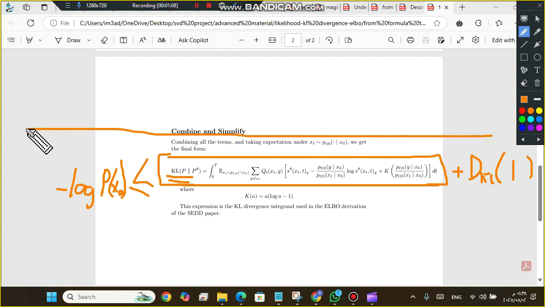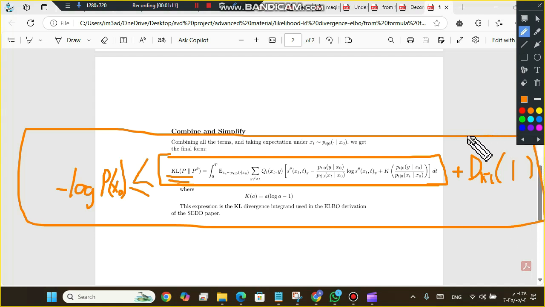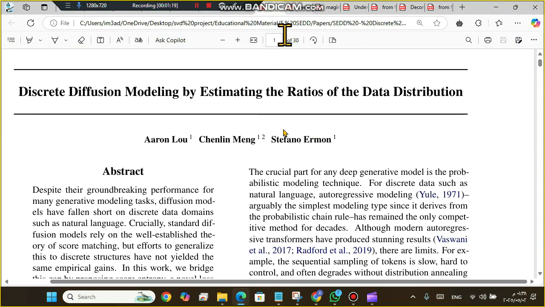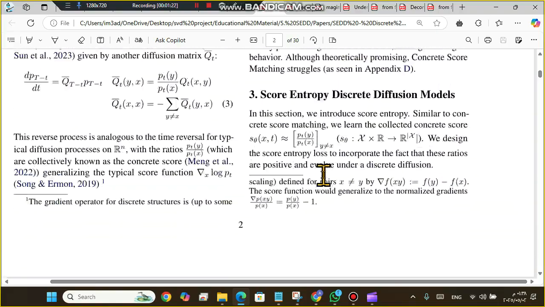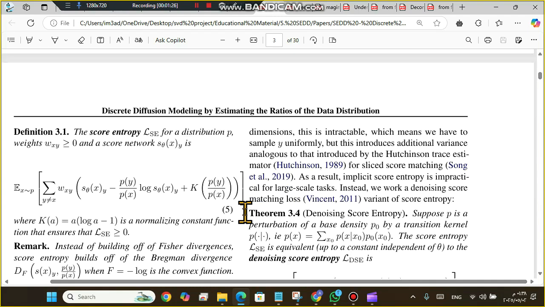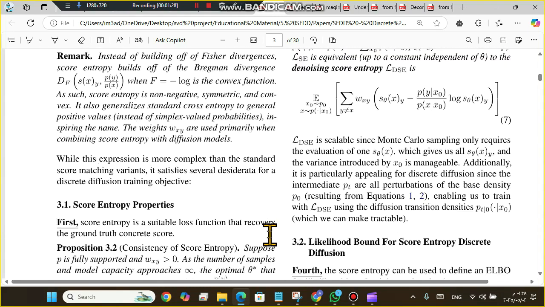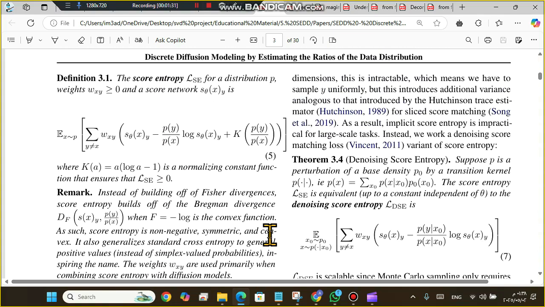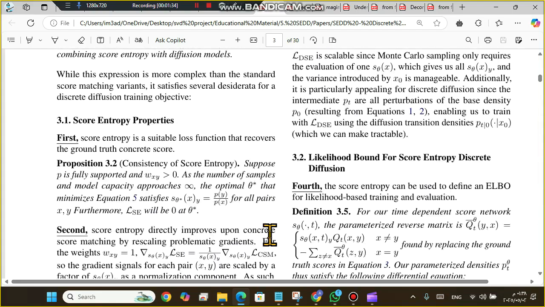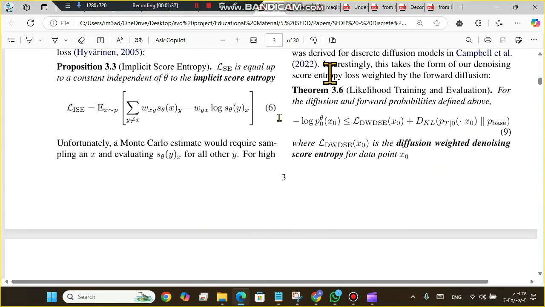So we have finally arrived at this inequality and we have derived it from scratch. Let me show you the final shape in the paper. This is the inequality. This is the divergence of the process, and this is the divergence between the probabilities at time t, which is the starting point for the backward diffusion process.